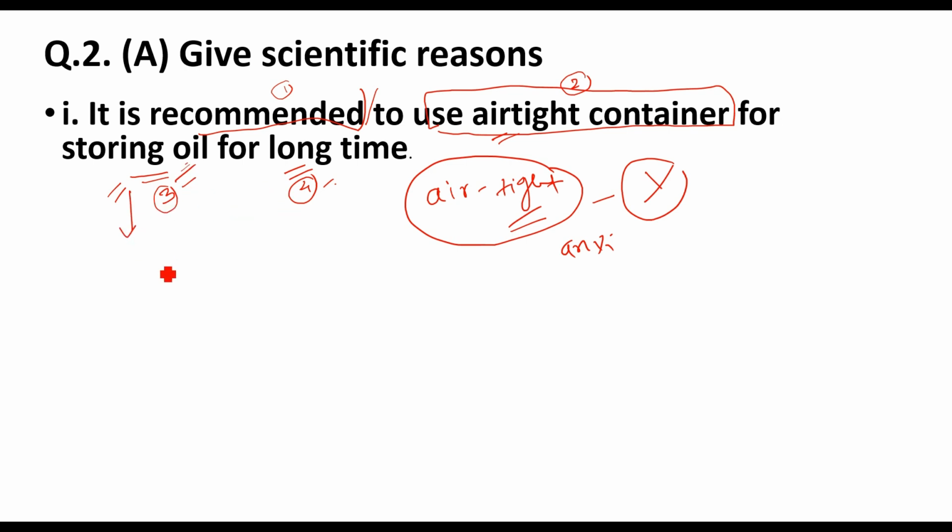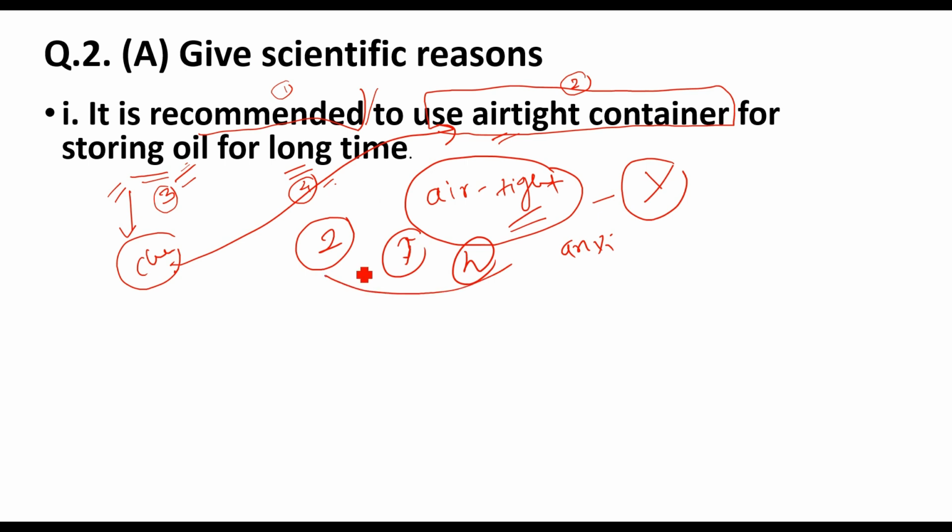Oil contains a chemical, and this chemical might react with the open air material, because we do not use the oil continuously, but store it for a longer period. It is a daily use material. Then we have the second, third and fourth points. We have to find out the correlation.